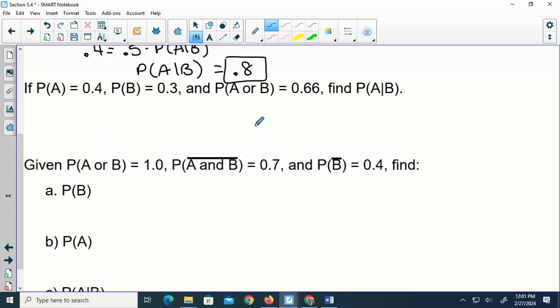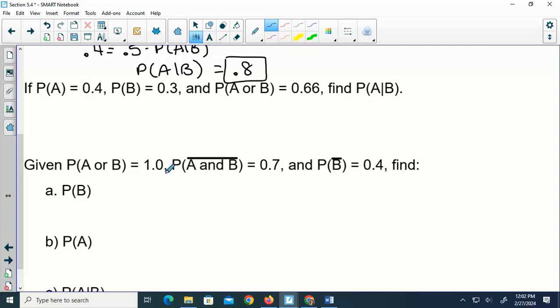This one, I have A, I have B, I have A or B. I need A given B. If you look at your formula sheet, is there a single formula that involves all of that stuff? No. So if I'm looking, my formulas with A given B, that's the AND formula, right?